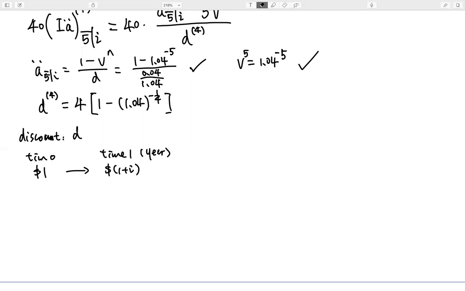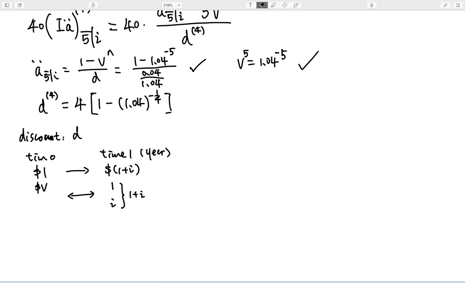Okay, so now let's draw this. Well, this is trivial, right? 1 plus i, of course, equals 1 plus i. So if we go both ways, 1 at time 1 would be equal to v at time 0.